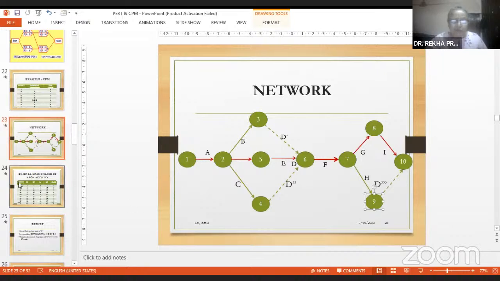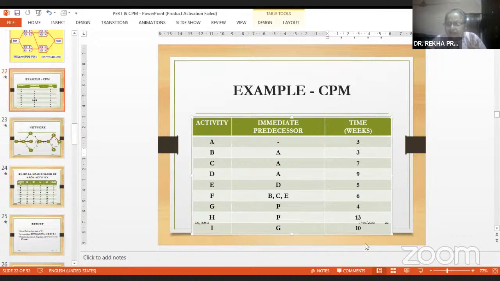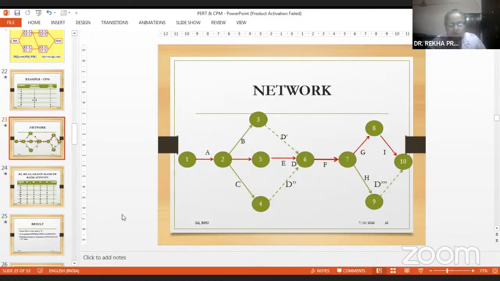And here you have only one time estimate for each activity. Like for A, it takes 3 weeks, B takes 3 weeks, and so on. This data is given to you. On this data, this network is drawn.